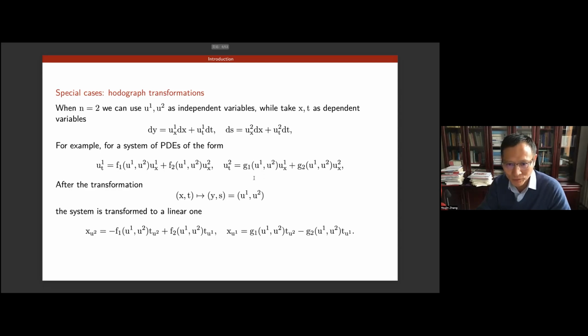For example, we have this quasilinear PDE, and after this change of the independent variables, we can linearize this nonlinear quasilinear PDE to obtain this linear one. This is also a quite often used method to linearize nonlinear PDEs in gas dynamics.